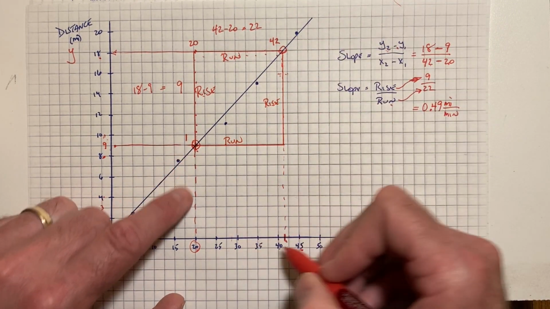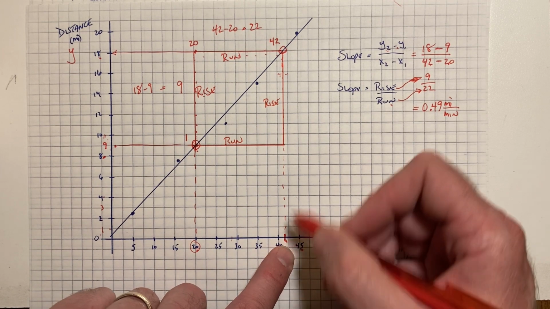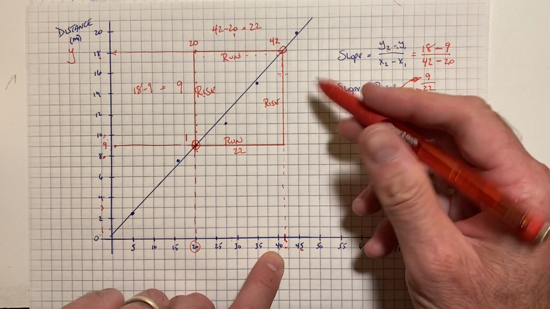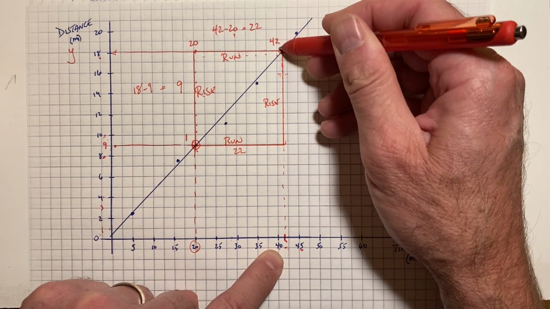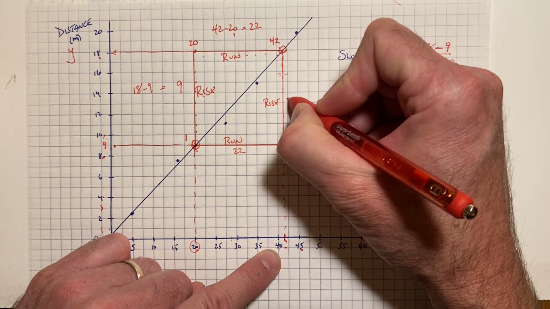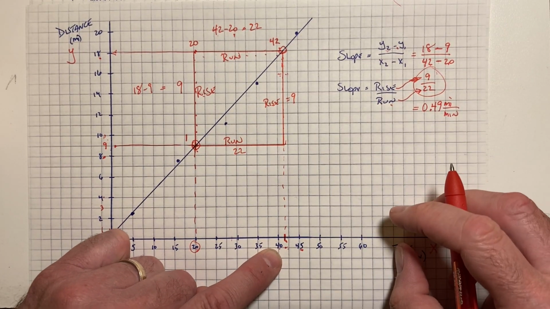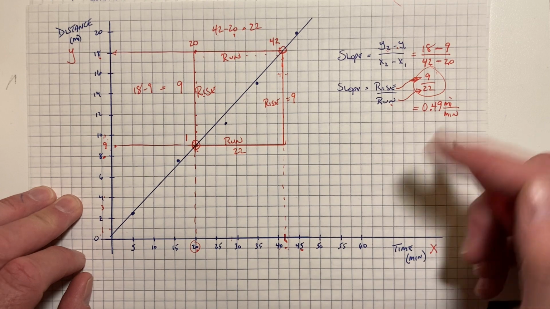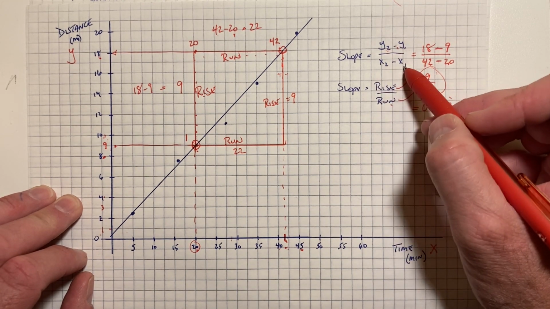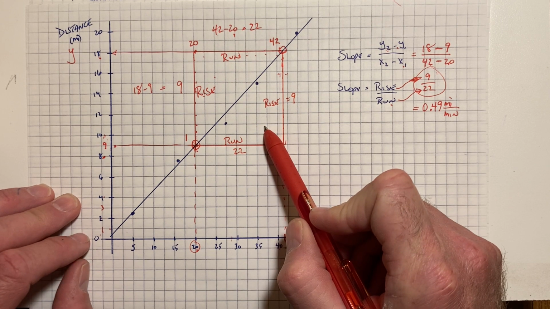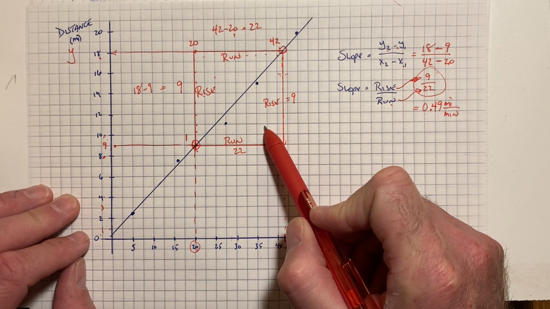And we're going to run between 20 and 42 again. So this is going to be 22. And I'm still going to rise from 9 to 18. So my rise is still going to be 9. And I'm still going to have the same slope. So whether you do y2 minus y1 over x2 minus x1, or this triangle to do a rise over run, you will get the same answer.